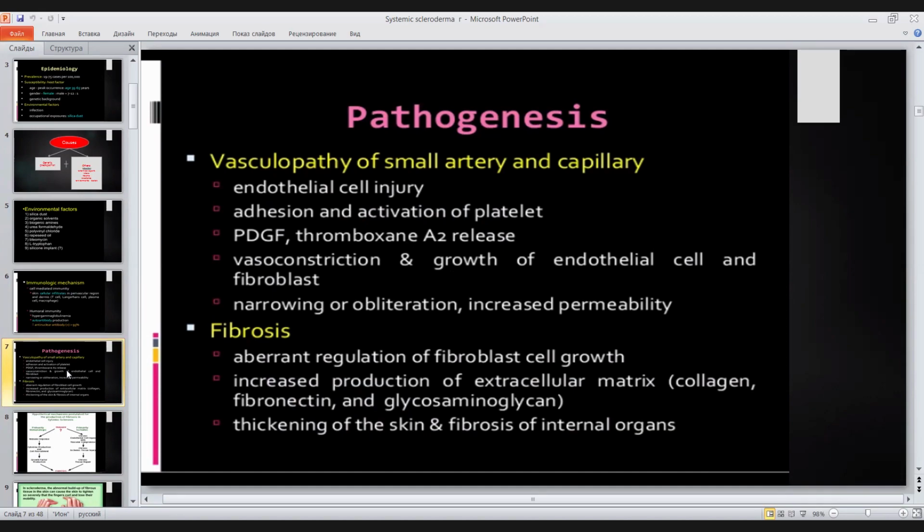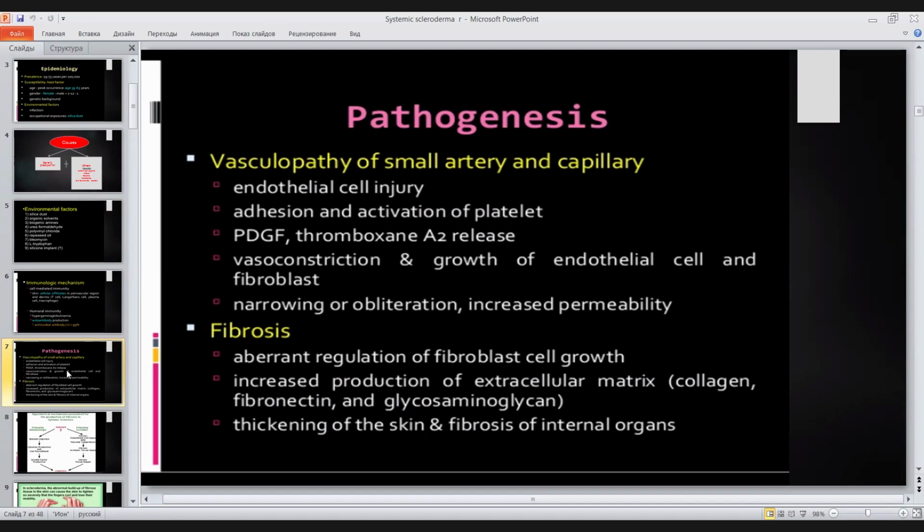Then there will be adhesion and activation of platelets, and when thrombocytes adhere and activate, of course the size of the arterioles decreases because the inside part becomes inflamed and decreases in diameter.